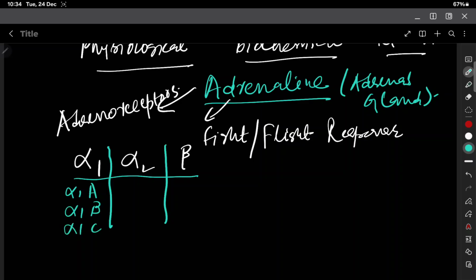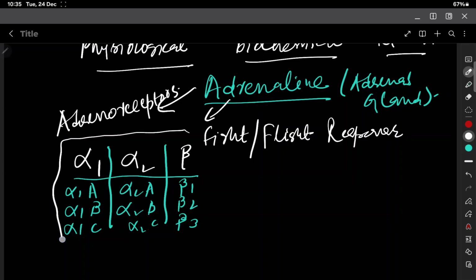This is the classification of those receptors. In alpha 2 it can be alpha 2a, alpha 2b, and alpha 2c, while in beta it can be beta 1, beta 2, and beta 3. So these all are the receptors on which adrenaline will act, and they are called adrenoceptors.